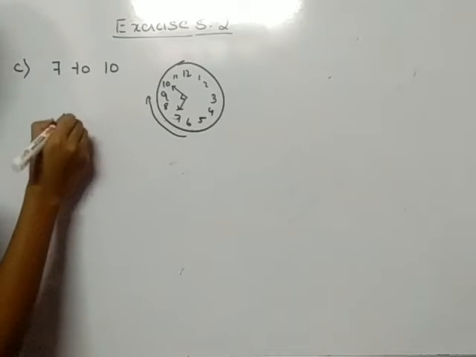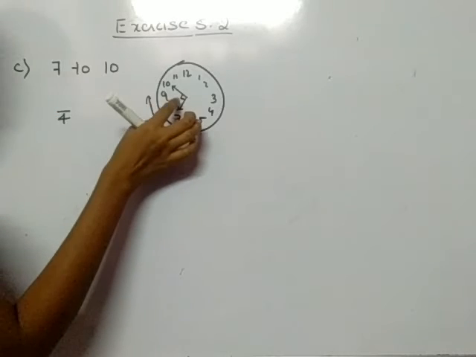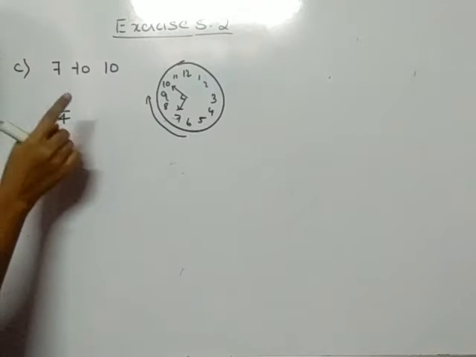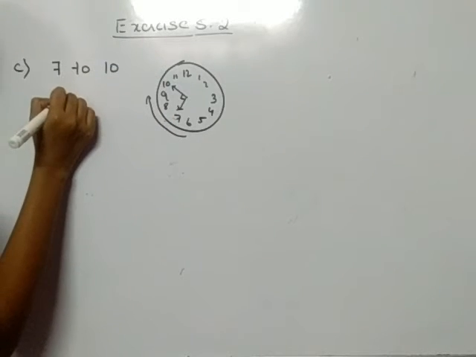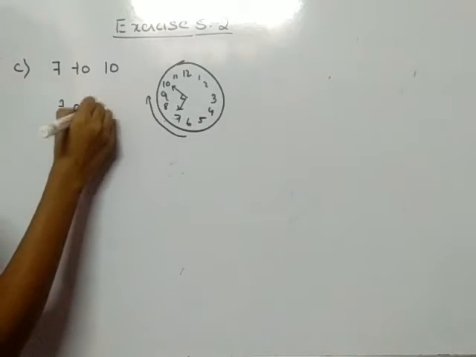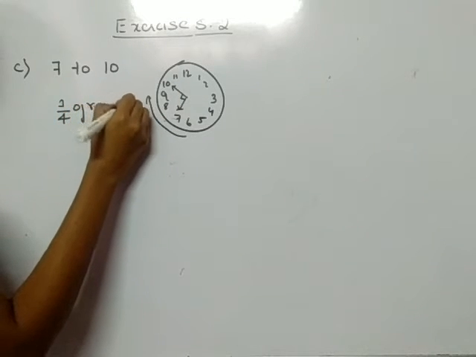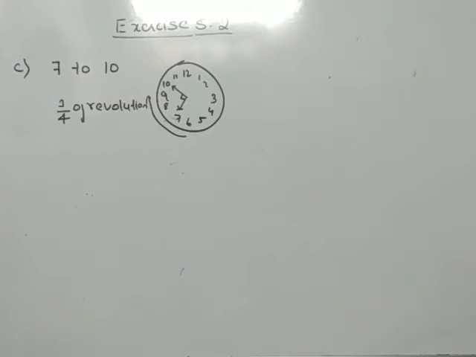Out of 4 right angles, only one right angle is formed when it moves from 7 to 10, isn't it? So out of 4 only one part of the total revolution is formed. Okay, this is the third one.